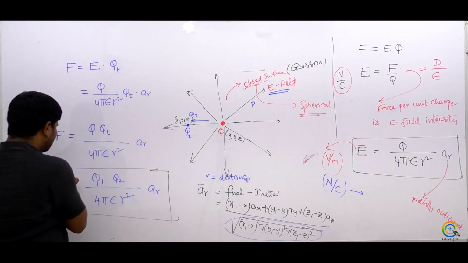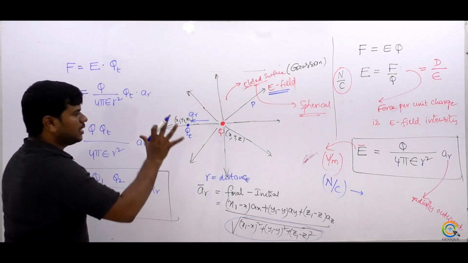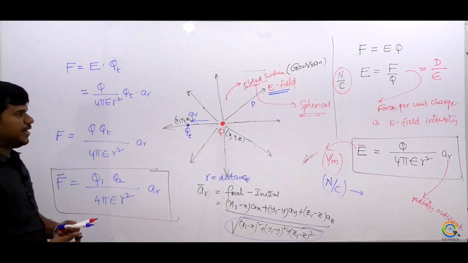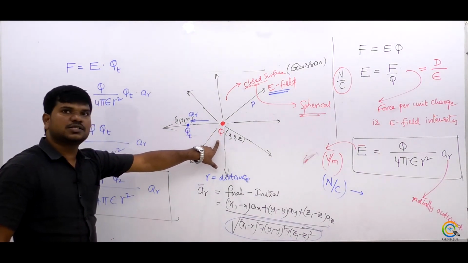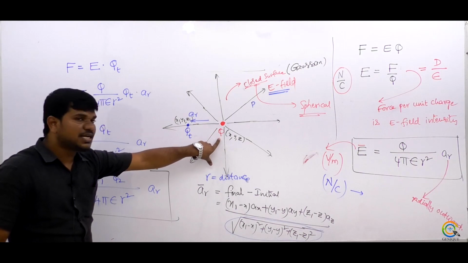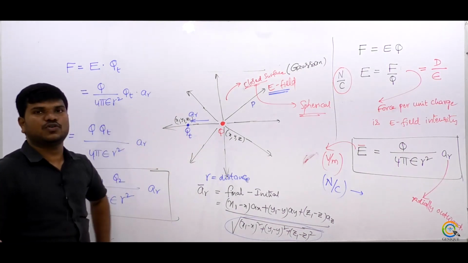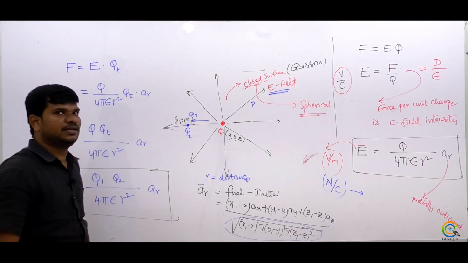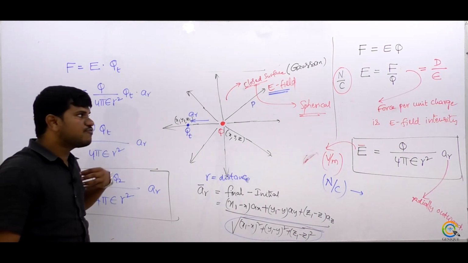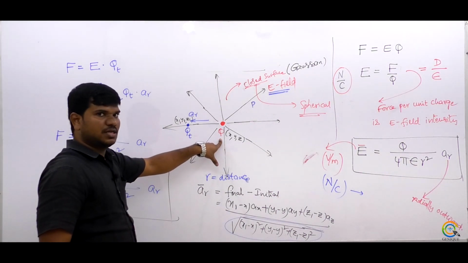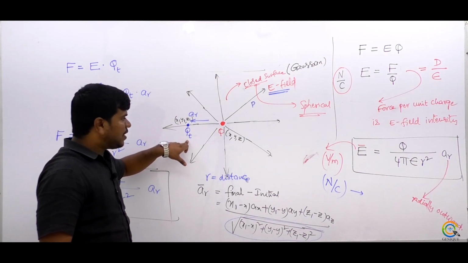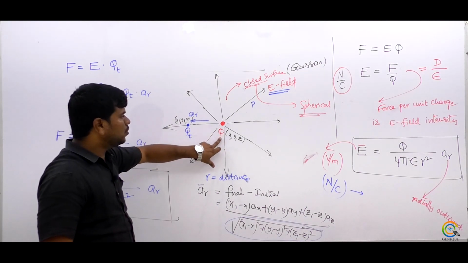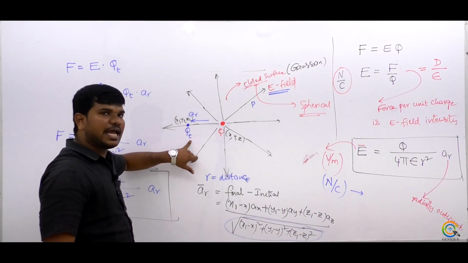So generally this force is a vector. Okay. Like this you have to identify. So you have to notice due to which charge, on which charge the force is exerting. Suppose I want to find the force on this charge Q due to this QT, understand? What do I have to do?